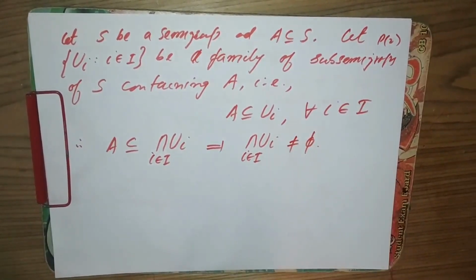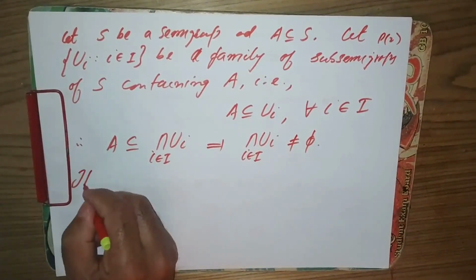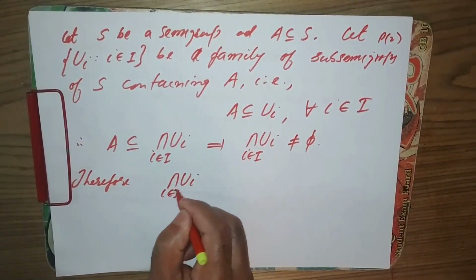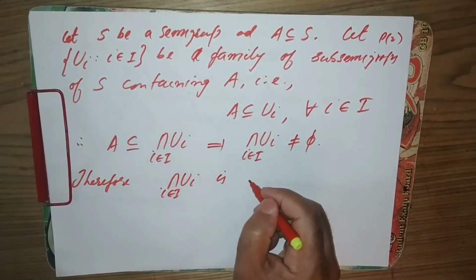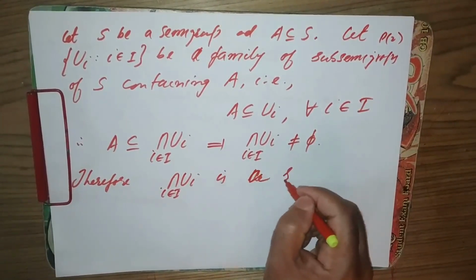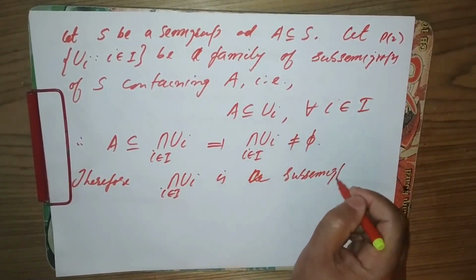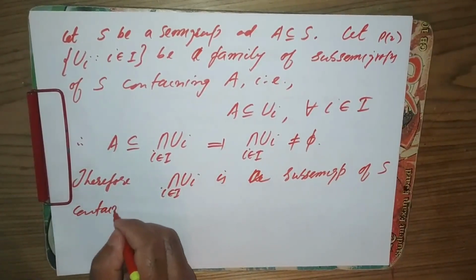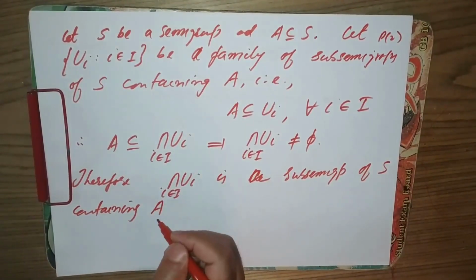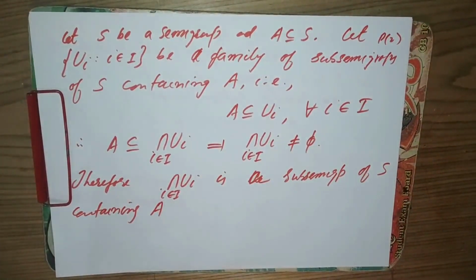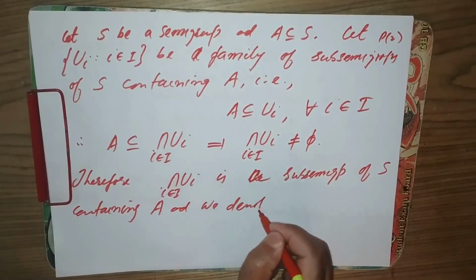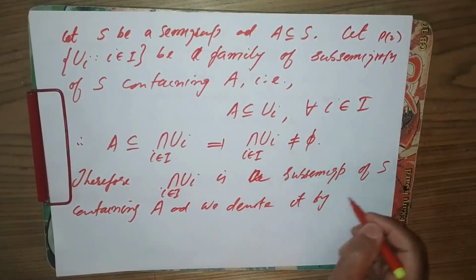Therefore this intersection is a sub-semigroup of S containing A, and we denote it by this notation.